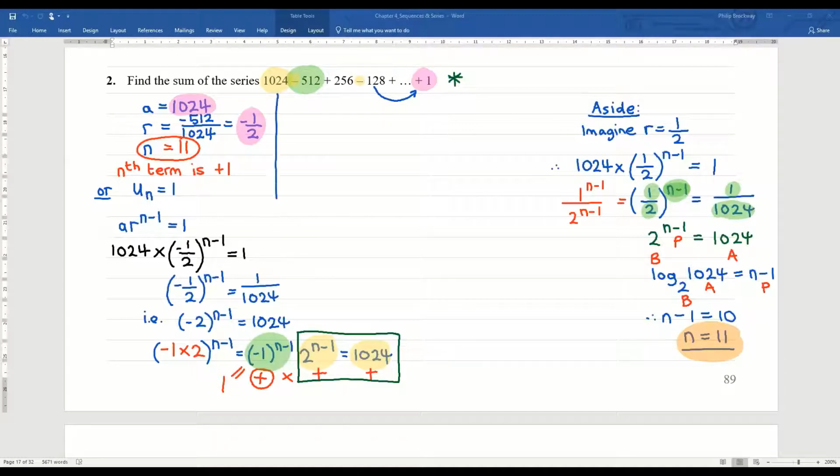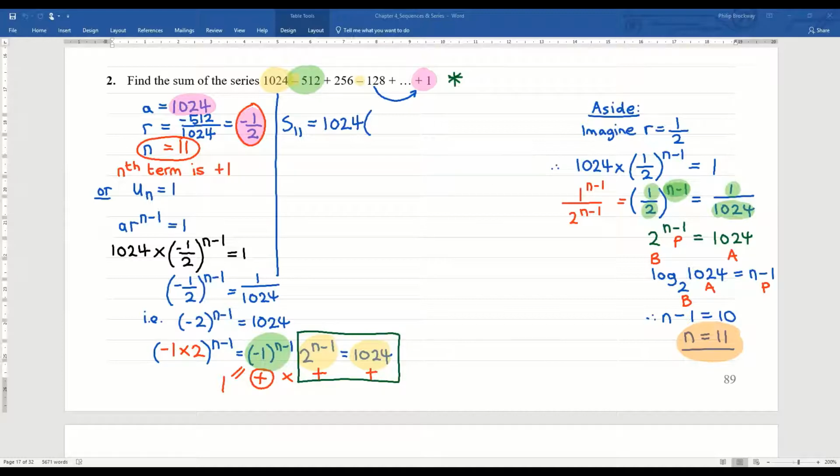So I'll just partition this off. The sum of n terms, so S11, is going to equal a, which is 1024. Now notice this time we have an r value which is not greater than 1, so it's probably a good idea to use the 1 minus r version here.